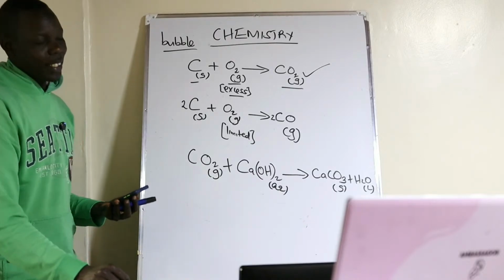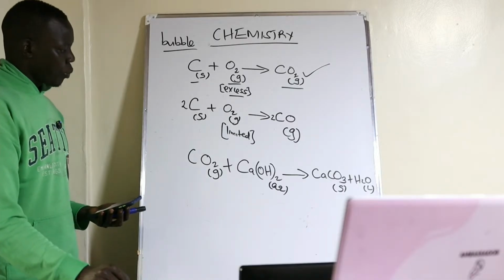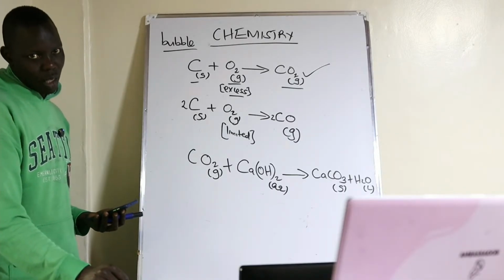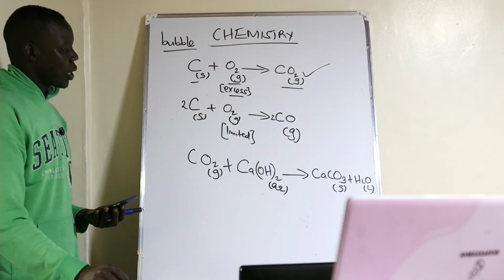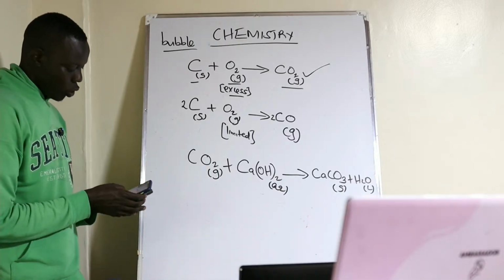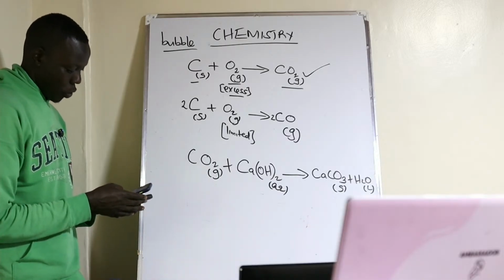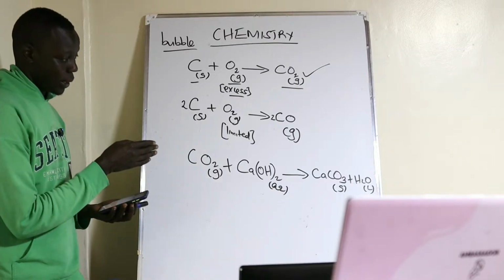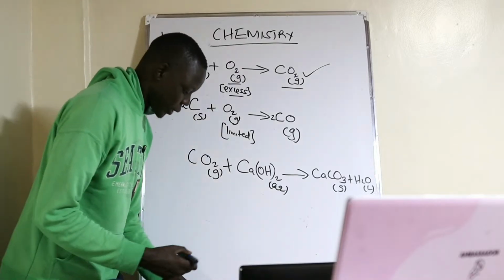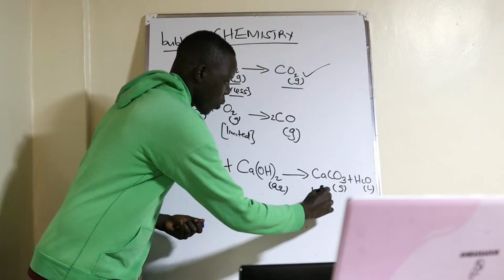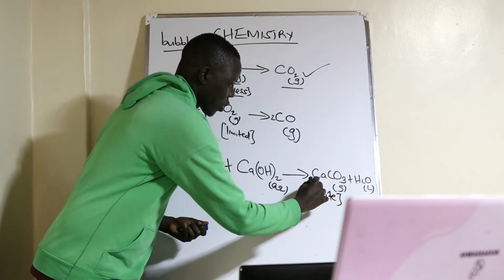Let me also explain this. When you bubble CO2 through calcium hydroxide, it is going to form a white precipitate, of course, which is a white substance. Now, in fact, you can write down here white, for those who are writing the equations.